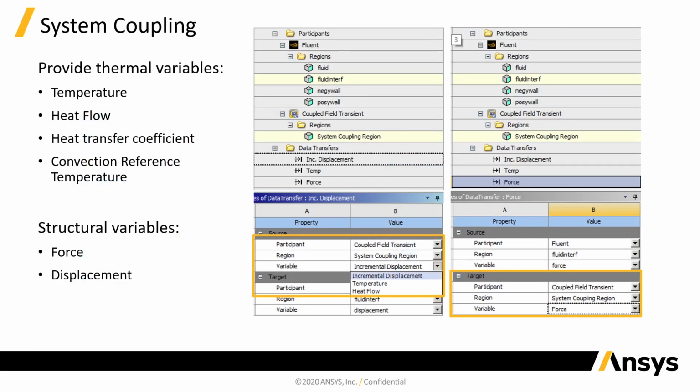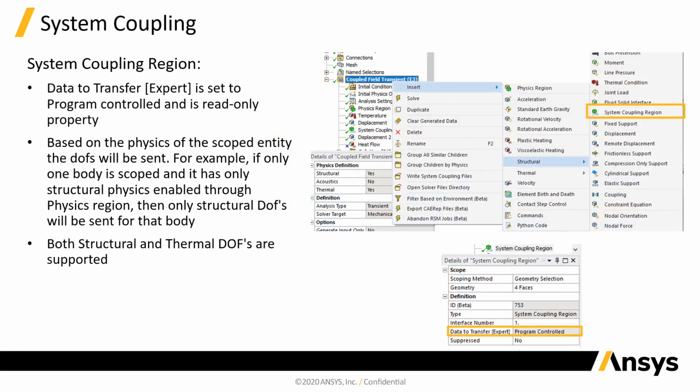And if you look here at the definitions, from the thermal part we could now provide variables like the temperature, the heat flow, the heat transfer coefficients, the convection reference temperature, to transfer them to CFD.